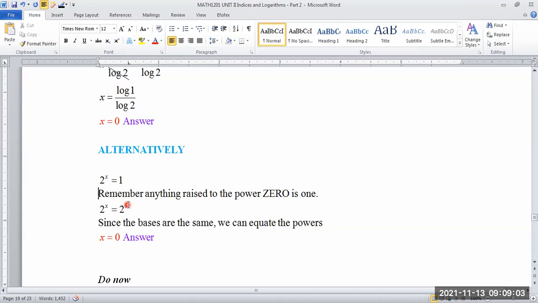That means if you had 3 to the x equals 1, you could write this as 3 to the 0. And if you had 10 to the x equals 1, you could write this as 10 to the 0. Absolutely, because you're now converting this 1 into the same base as this one, so you can use indices. Since the bases are the same, I can equate my powers, and I get x equals 0, just as x equals 0 up here.